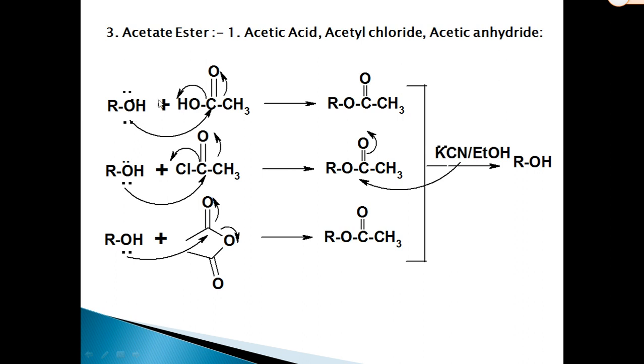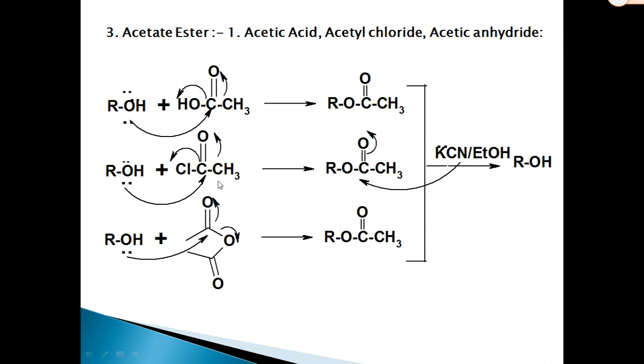Now see the mechanism. The lone pair of hydroxy group shifts toward the carbonyl carbon atom, the pi bond opens on the oxygen atom, and hydroxide ion is removed to restore the double bond, and hence there is formation of this acetate ester.